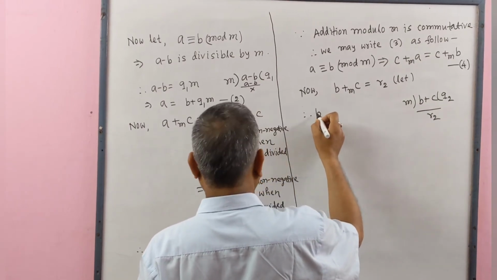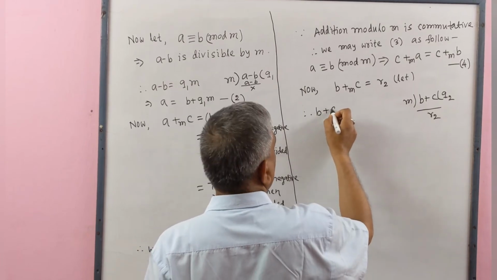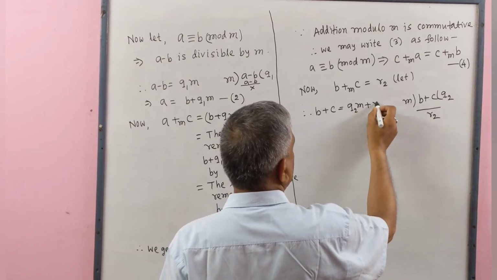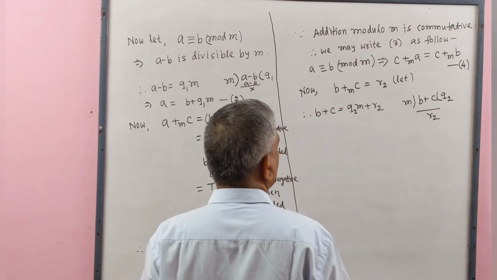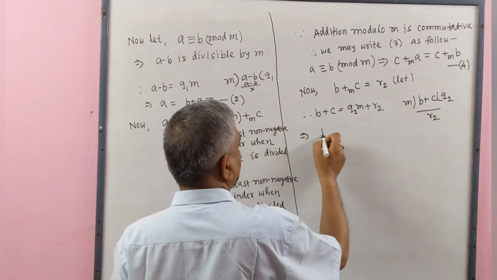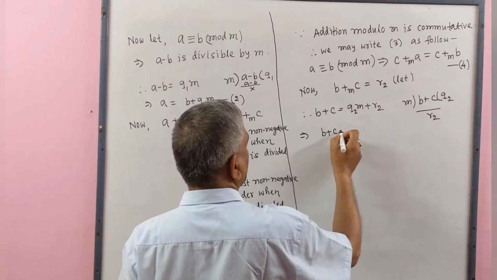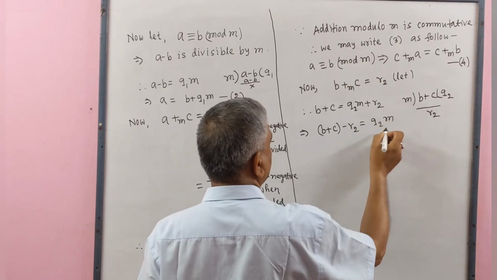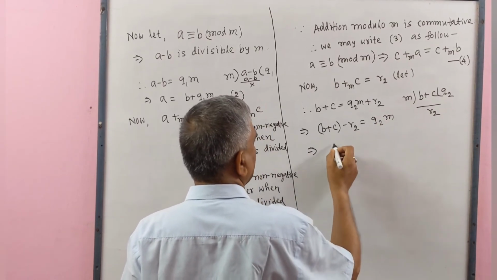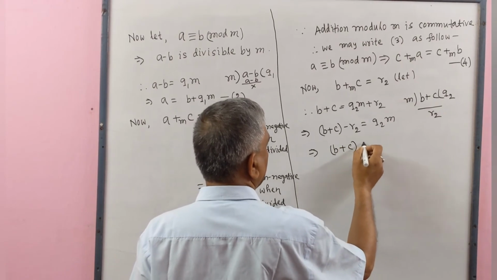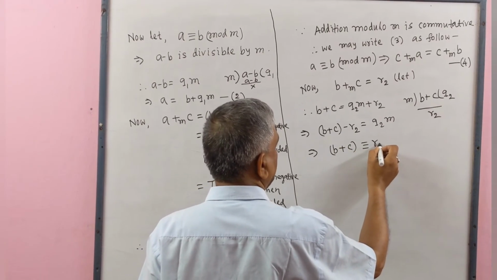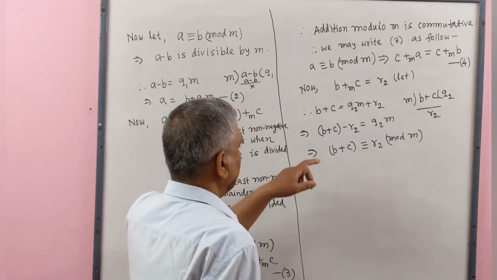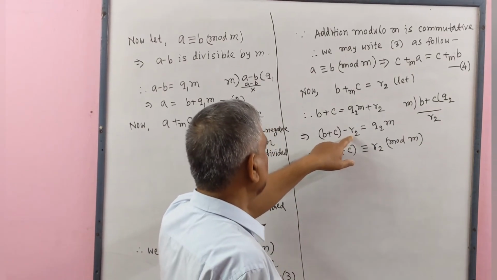Therefore, B plus C equal to Q2 M plus R2 implies that B plus C minus R2 equal to Q2 M implies that B plus C congruent R2 modulo M, meaning B plus C minus R2 is divisible by M.